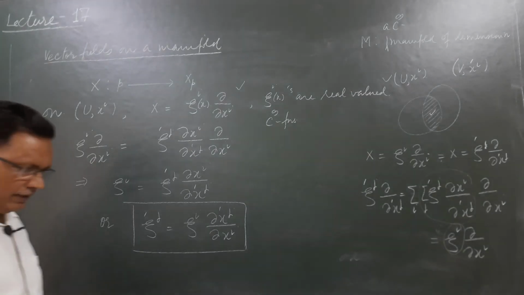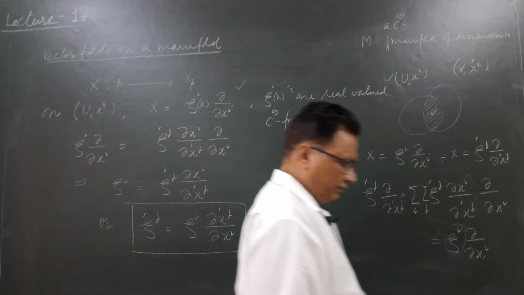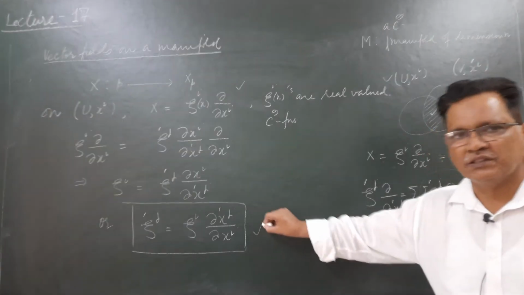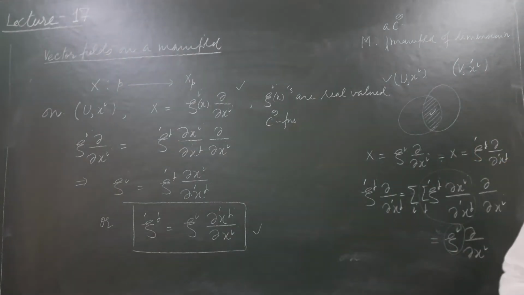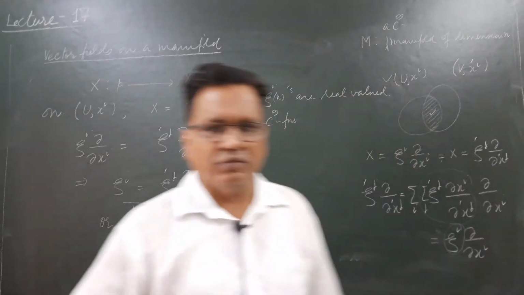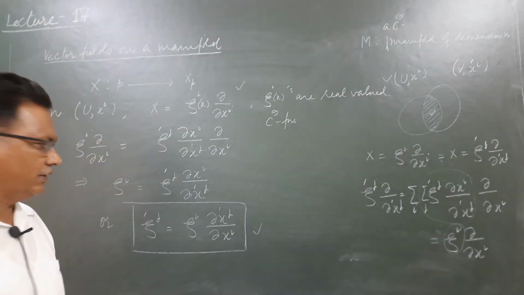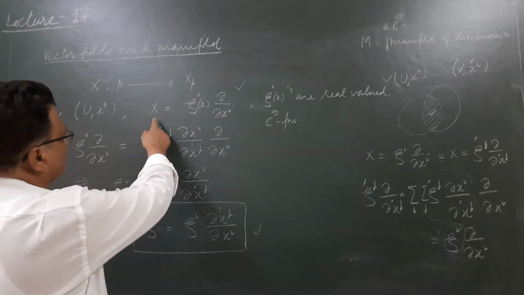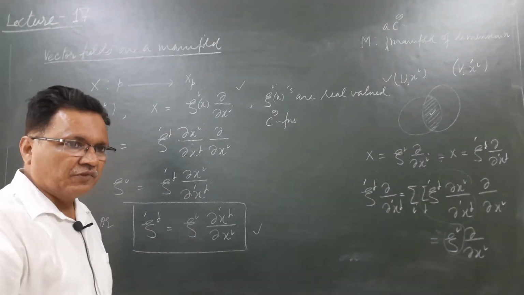So if you are writing an expression for a vector field and you want to see how its components transform when you go from one coordinate system into another coordinate system, this is the law of transformation for the components of a vector field when you go from one coordinates to another. Yes. A vector field is a linear combination of ∂/∂x^i.